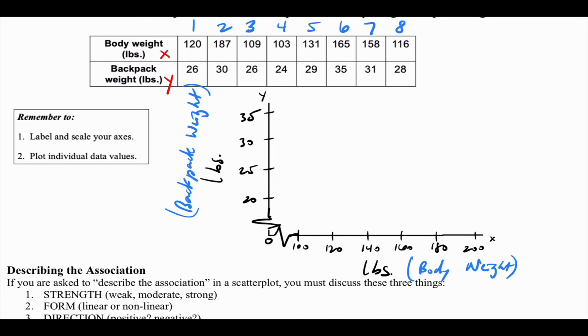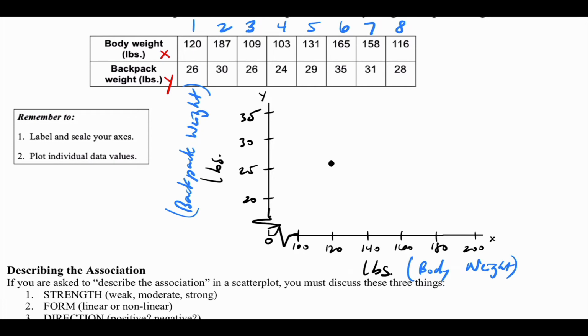Okay, so how many people do we have data from, I should say? 8. So each person's going to be a dot. Each person's going to be a dot. So the first one weighed 120. So I'm going to go to 120 and then up 26. 26 is a little bit above 25.